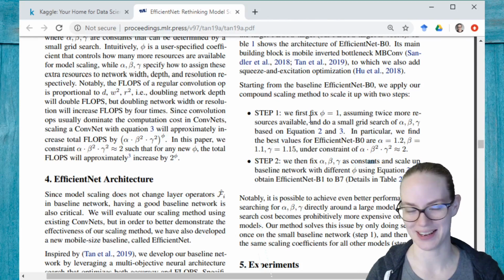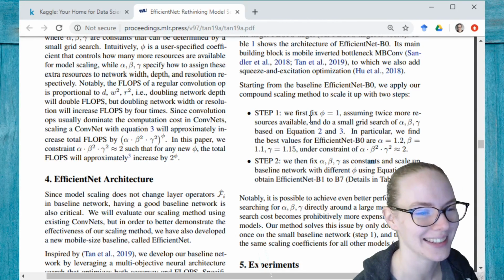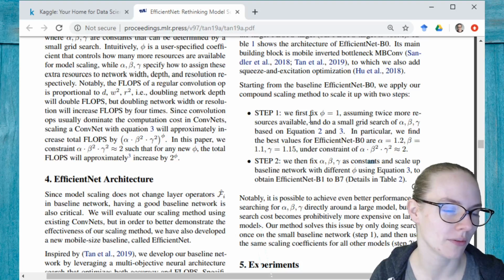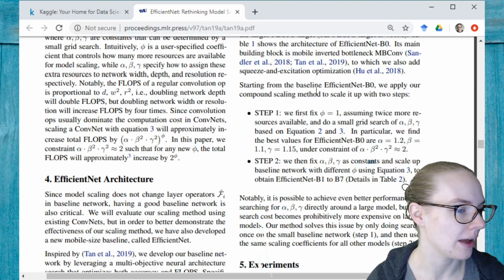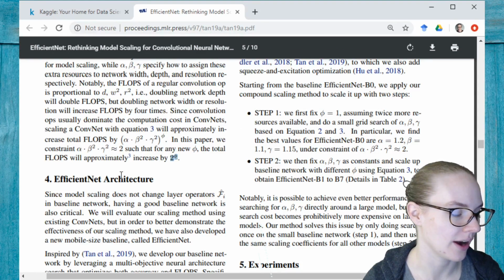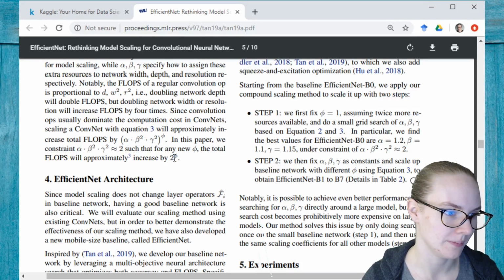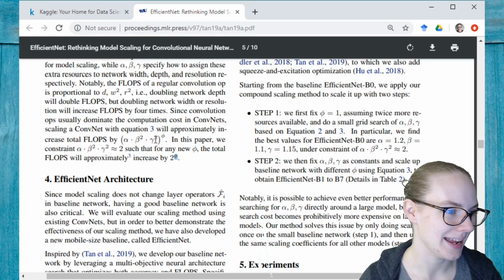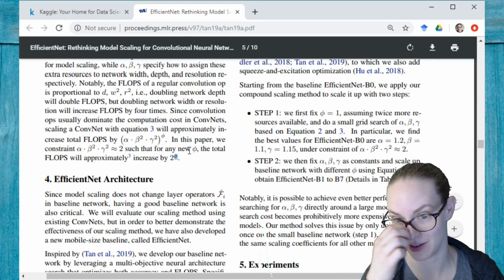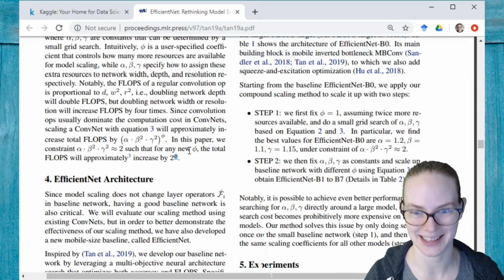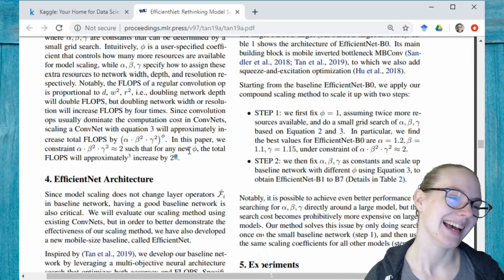No one's corrected me, so I'm just going to go with phi equals 1, assuming twice more resources available, because remember that for every unit increase in phi, you increase the flops by 2 to the phi. That's not doubling. That's exponential.